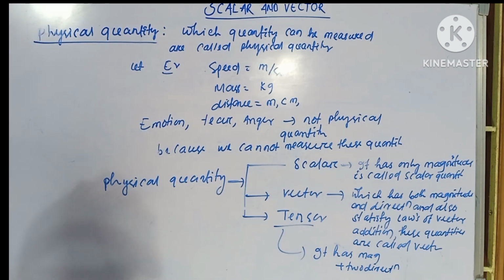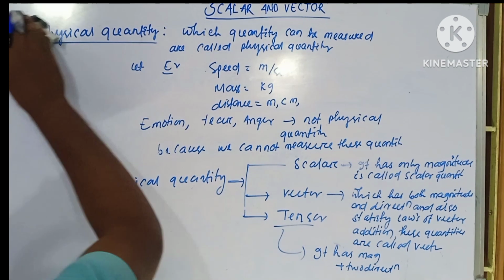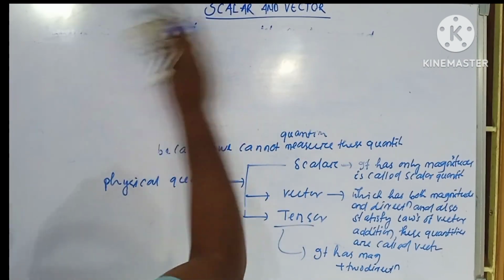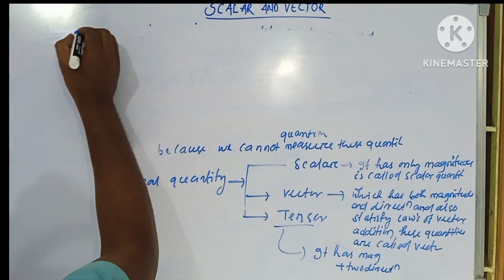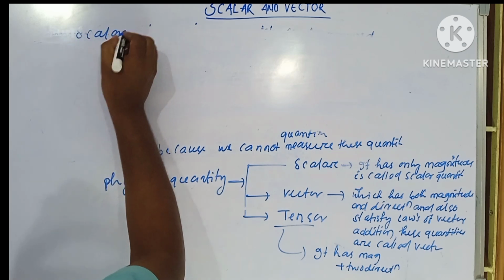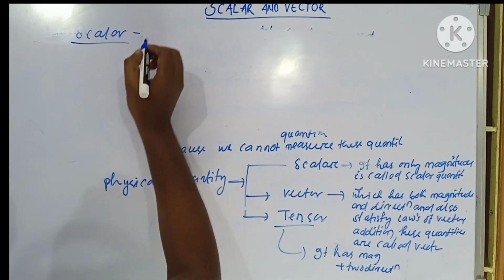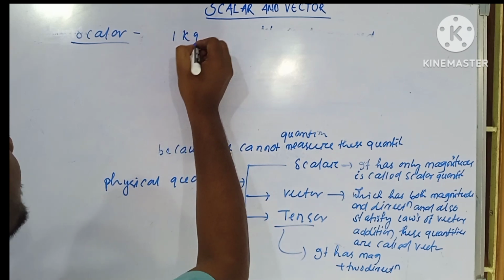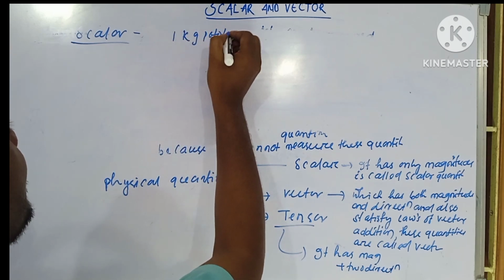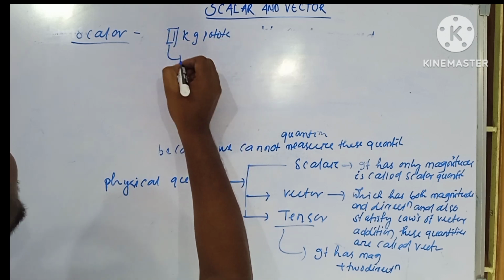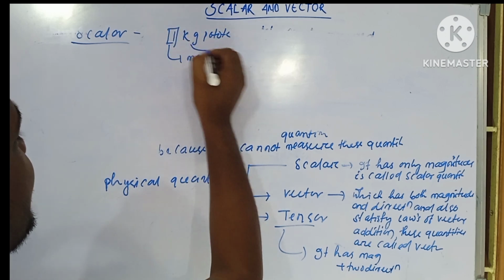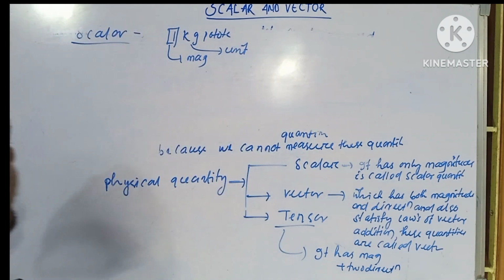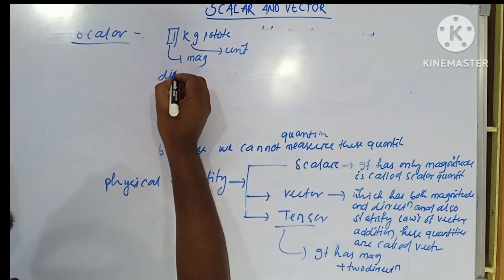Let us see the different quantities with examples, elaborately. First one is scalar. Suppose the mass is 1 kg of potato. Here 1 is the magnitude, and kg is the unit of the physical quantity.